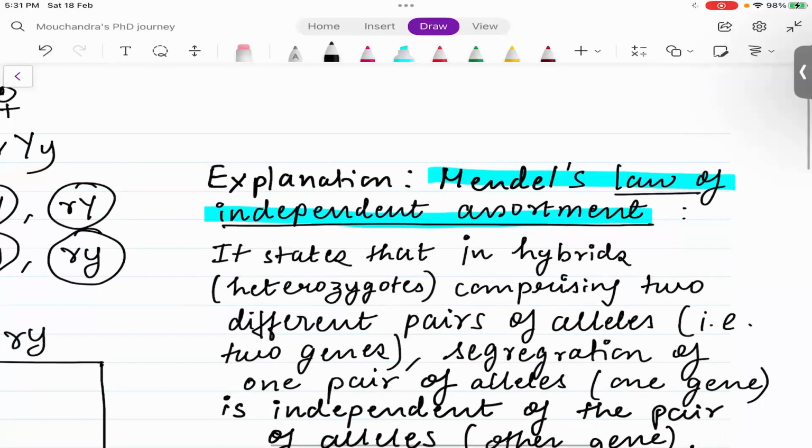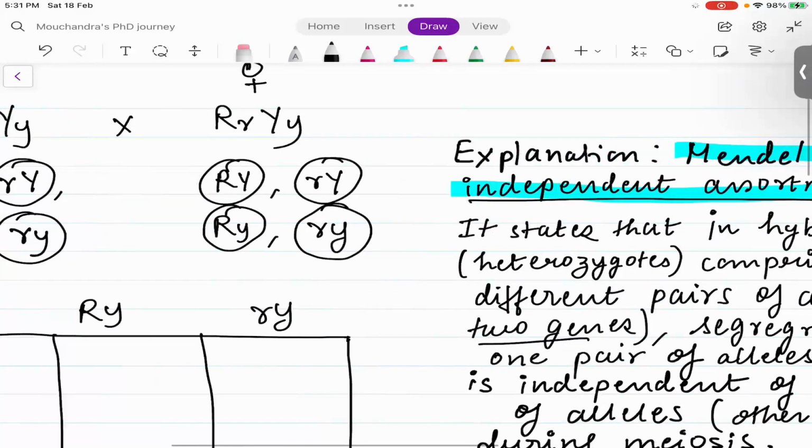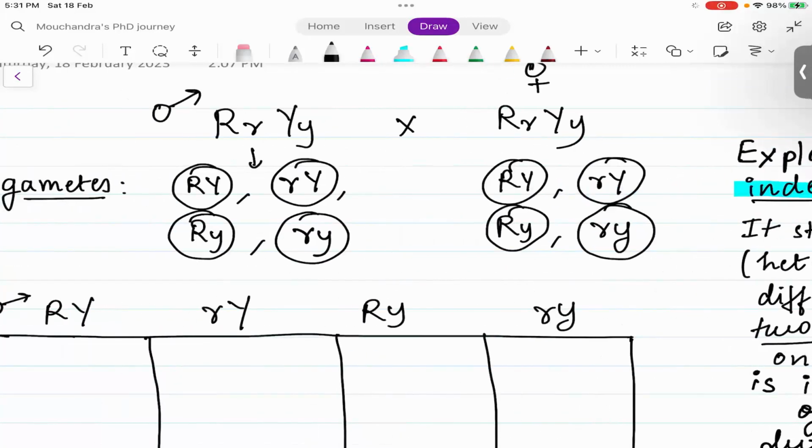So according to this law, in hybrids, or heterozygous organisms which have two different pairs of alleles, it is for two genes. So this is a hybrid, which has heterozygosity for two genes, for the seed shape and seed color.